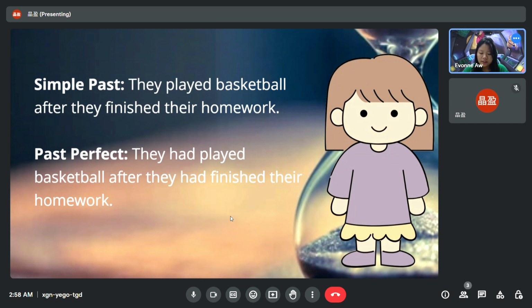Here, the past perfect tense emphasizes that both playing basketball and finishing homework were completed actions in the past, and playing basketball happened after finishing homework.